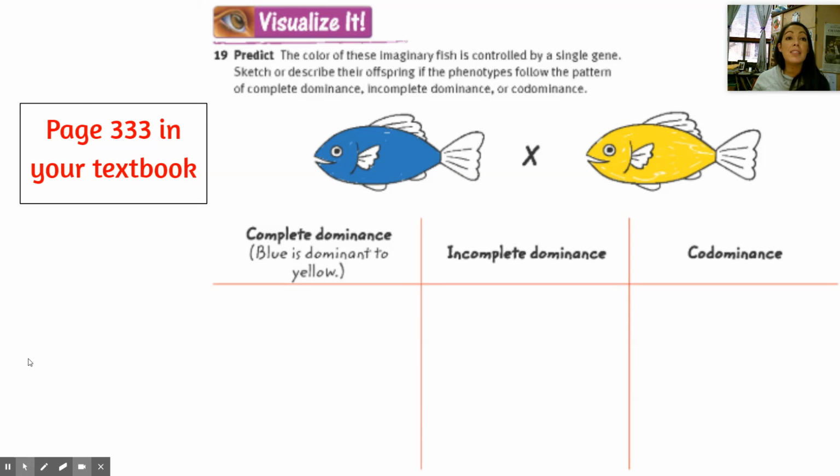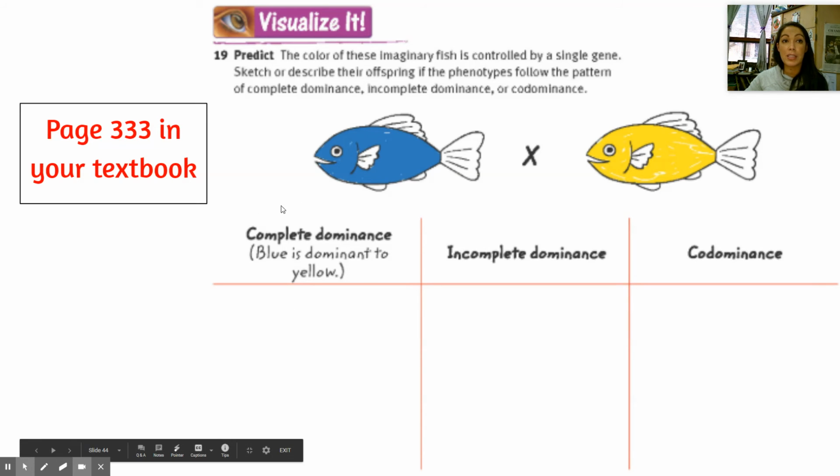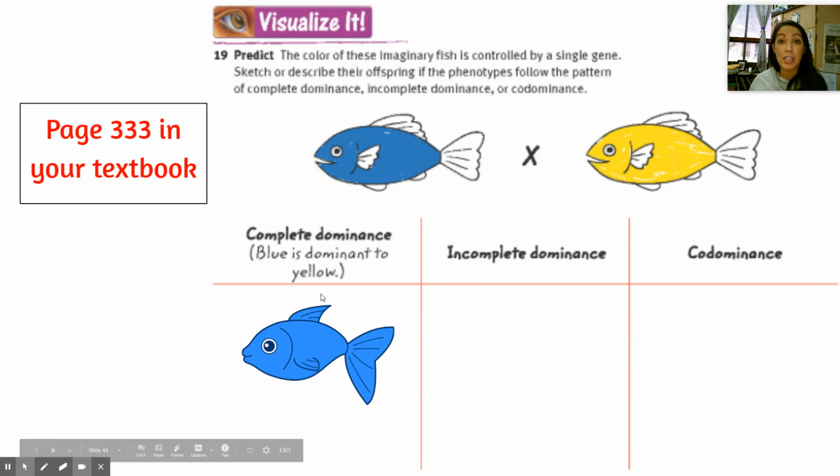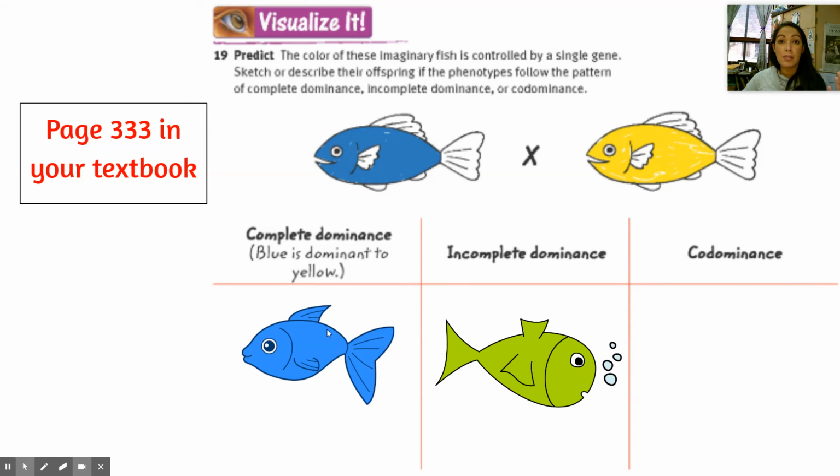In a complete dominant situation, if blue is dominant to yellow, according to this picture here, then my offspring would be a blue fish, okay? If it's incomplete dominance, then you're going to see the blue and the yellow blend together, and you're going to see a fish that's green, okay?